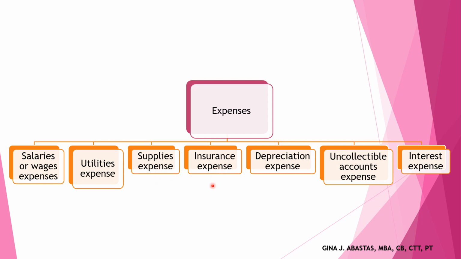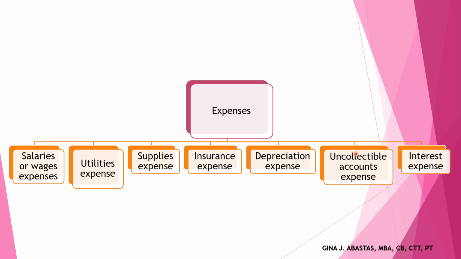Insurance expense, this is the expired portion. So when you get insurance for your health insurance, or for your family, and for your business, this is the expired portion of premiums paid on insurance coverage, such as premium paid for health, or life insurance, motor vehicles, or others. Depreciation expense, this is the annual portion of the cost of the tangible assets such as buildings, machineries, equipment charged as expense for the year.